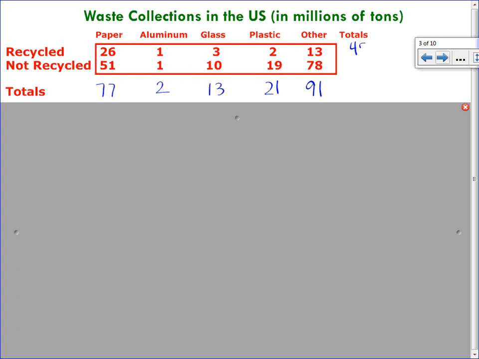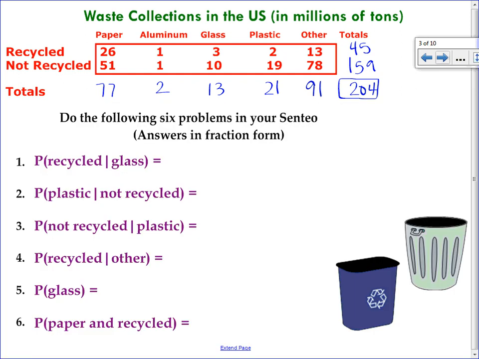And the total is 204. Once you have that, I'm going to ask you some probability questions below each table on the homework. Now that we have our numbers, we can start plugging away at these.